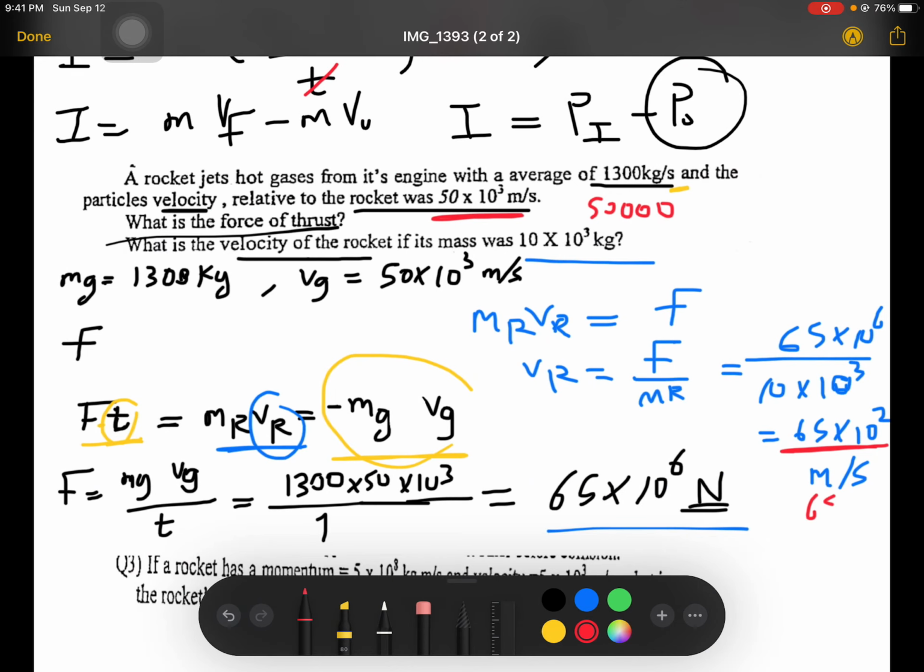Here the velocity of the gases is 50,000 and the velocity of the rocket is 6,500. This shows us why, because as we said, the momentum of the rocket equals the momentum of the gases. Because the mass of the rocket is always so much greater than the mass of the gases, for that the gases always have a much greater velocity than the rocket.